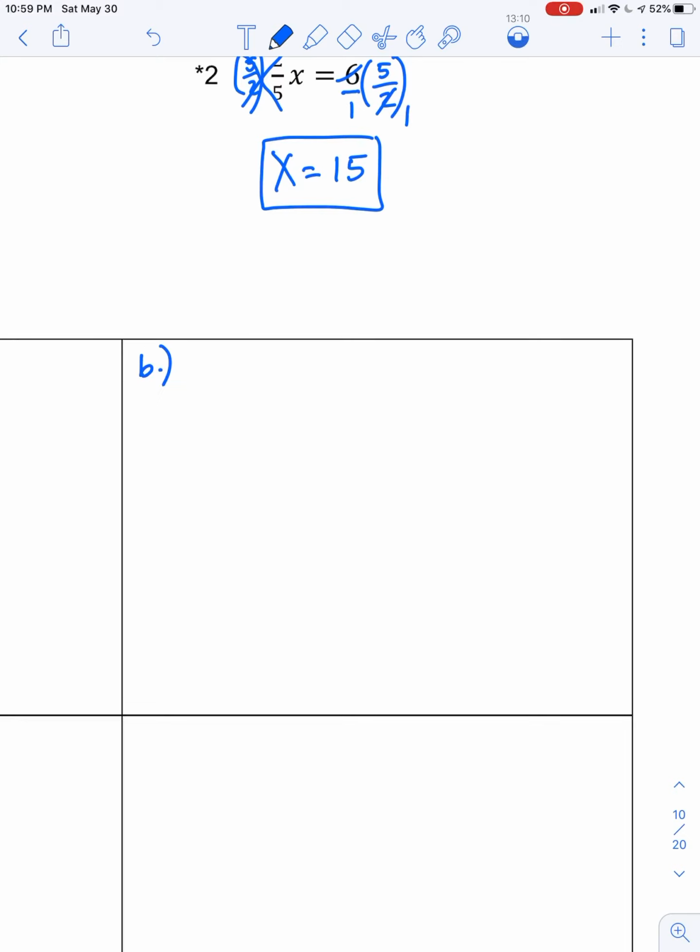Letter B, the problem is 3 1/5 y equals 32. My recommendation on these, you can divide both sides by 3 1/5, but you're going to end up in the same place. So I'm actually going to show you both ways that I would do this. I could divide both sides by 3 1/5.